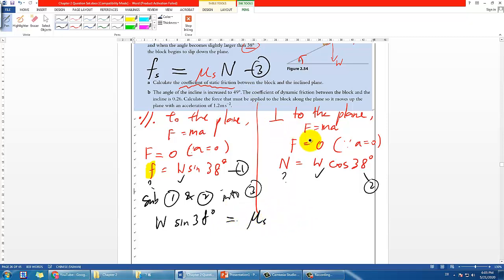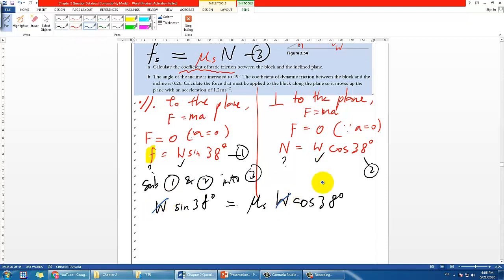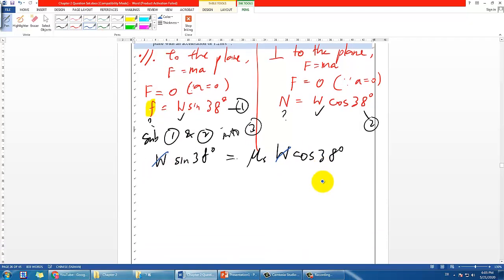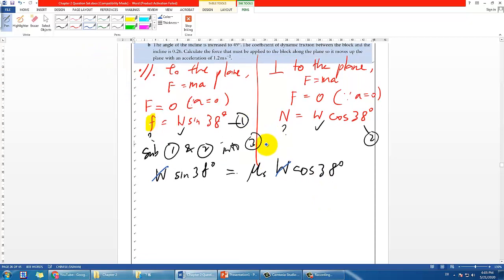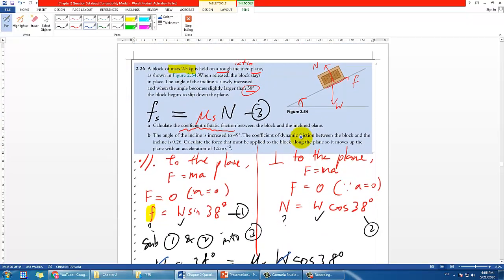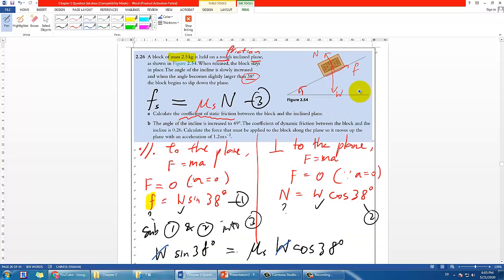And then N is W cosine 38 degrees. Yeah, you see what I mean? Because W here would be cancelled out. So we don't even need to know the mass or even what planet. That actually means that no matter what planet or what mass you put here, it doesn't really matter. It will still be 38 degrees as long as the material is the same.